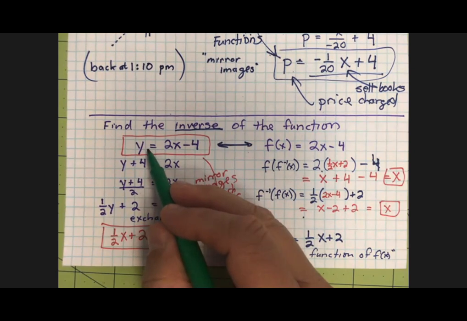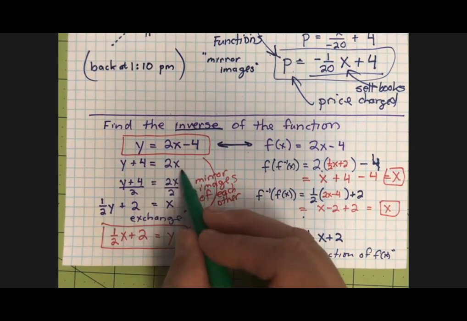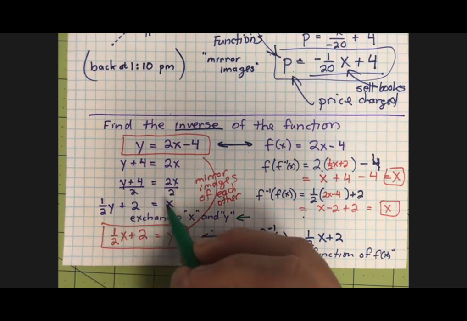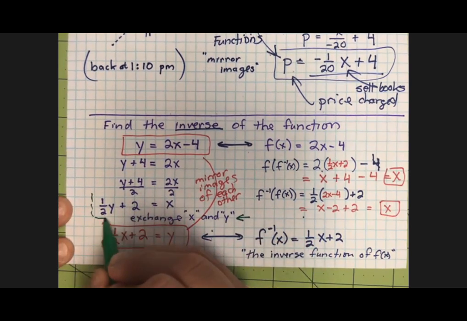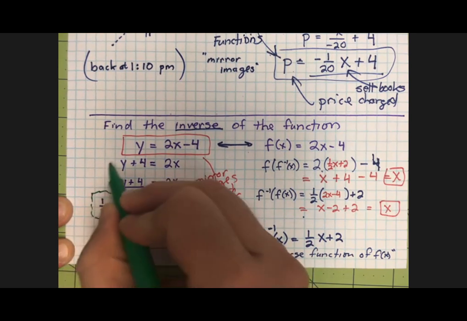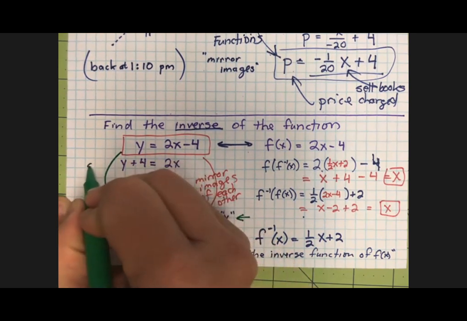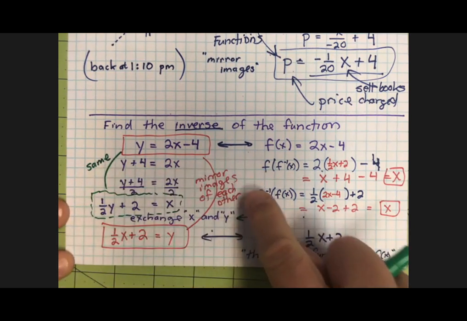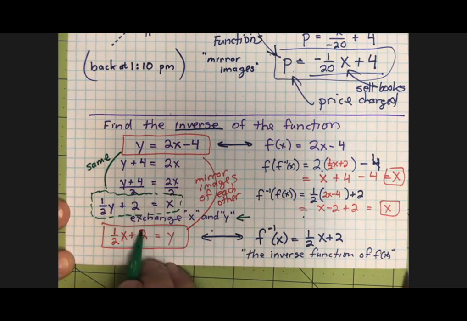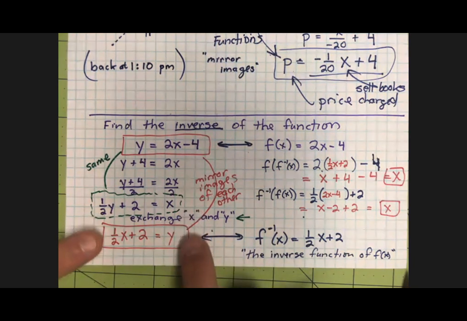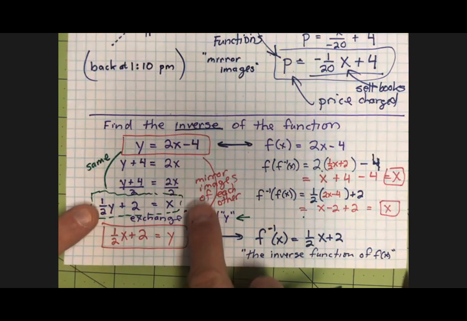Add 4 to both sides, changes nothing. Divide both sides by 2, changes nothing. This box and this box are the same. The thing that made it mirror image was then switching the x's and y's between these two boxes.